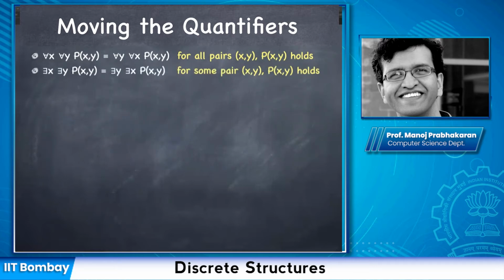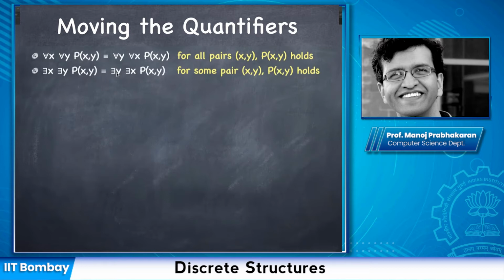And same thing with there exists. If I have two there exists back to back, the order doesn't matter. In this case, both of the statements here are saying that there is some pair x y such that P of x y holds. There is some x you can pick such that there is some y you can pick such that P of x y is true.